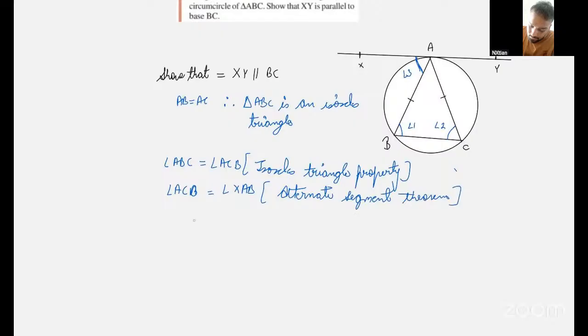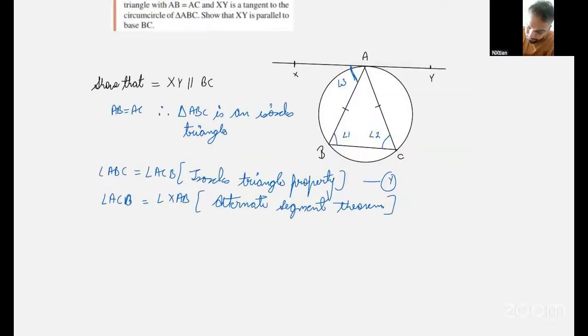Okay, so now, if I write it in angle form, in this we are saying that angle 1 is equal to angle 2, and in this we are saying that angle 2 is equal to angle 3. So this is first and this is second. So from first and second, what can we conclude?